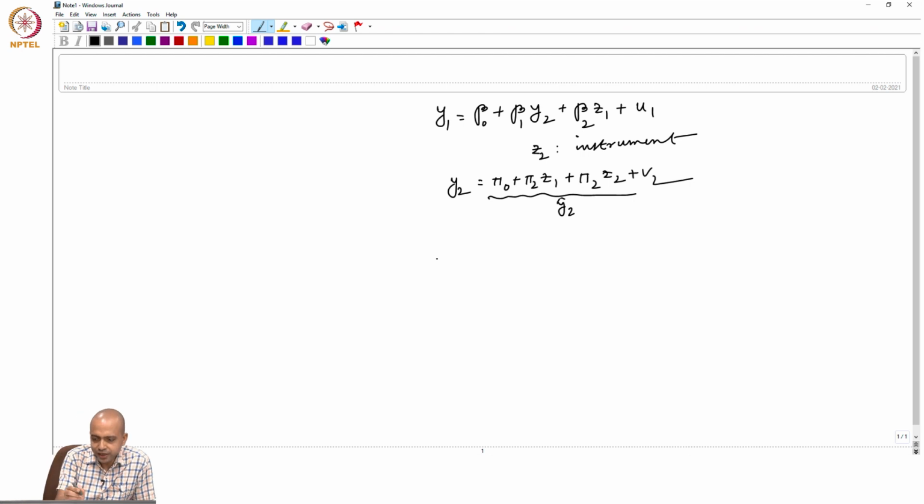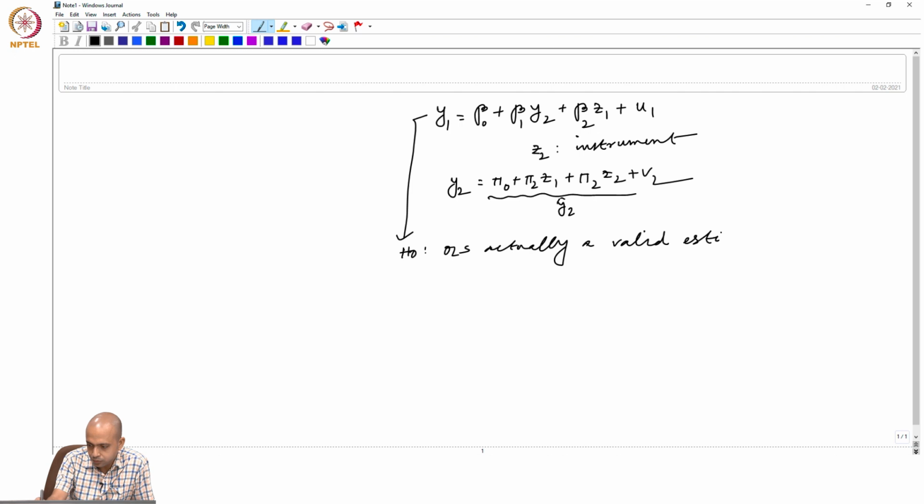Let us say for the same model we first use OLS. Our null hypothesis is that OLS is a valid estimation method.